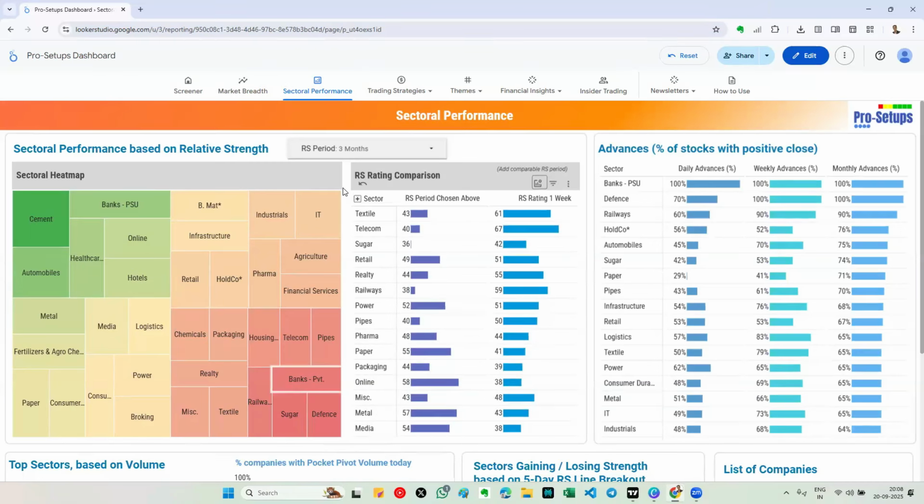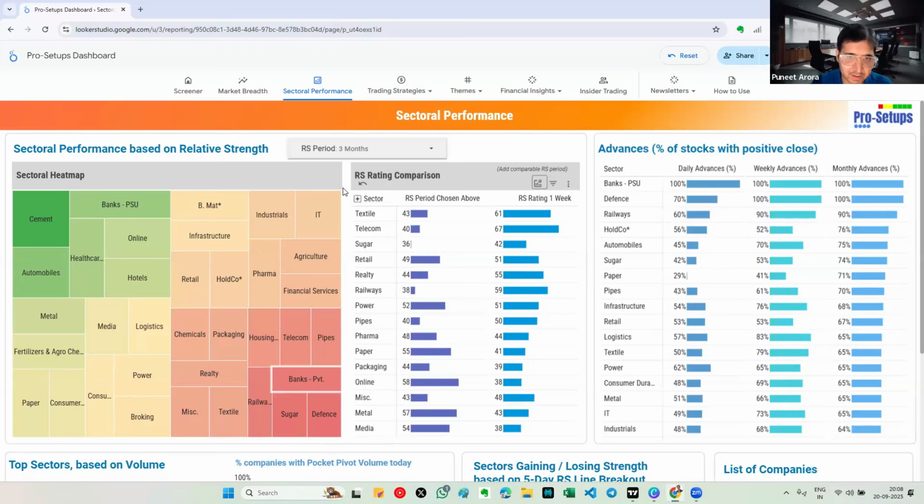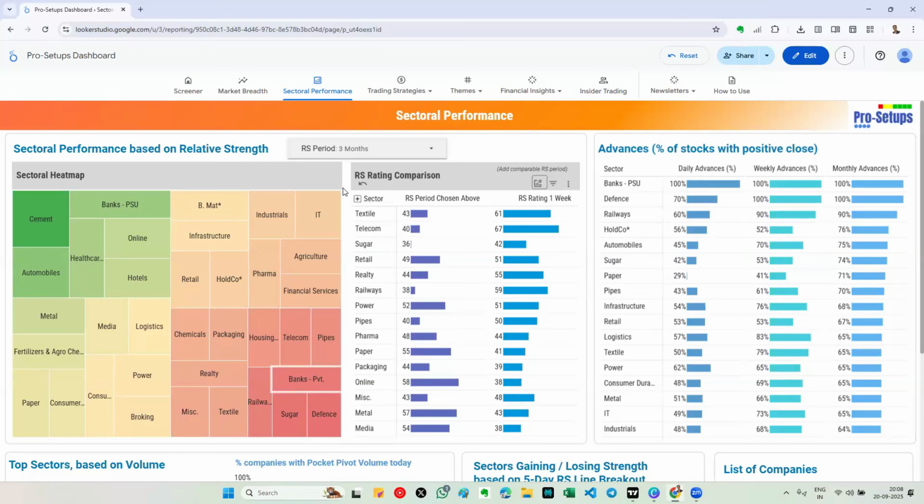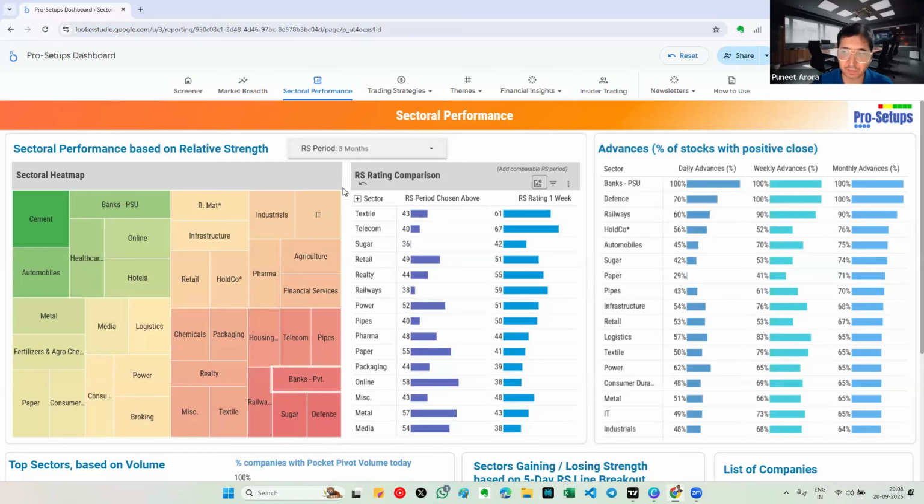So that is the basic indication for a 3-month cycle, for a very strong move which can sustain for a 3-month period. If you believe that defense stocks have the capability of giving us a move beyond a 2-month, 3-month, 4-month period, then you can definitely use 3-month RS also. But it will always start with monthly to weekly first.